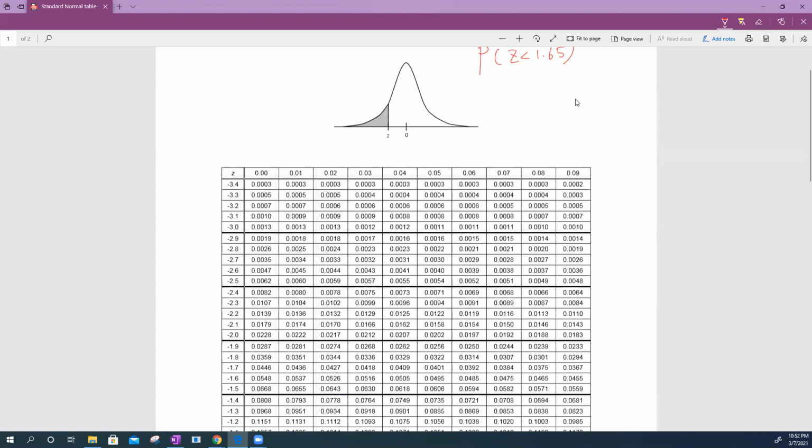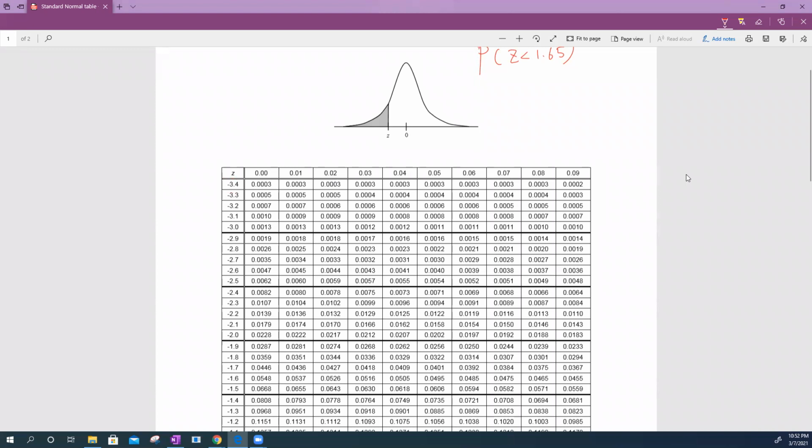So then if we want to find the probability of z smaller than 1.65, we separate. Since the z-scores in the table are rounded to 2 decimals, this is the 3.4, and then we have the second decimal place: negative 3.40, negative 3.41, negative 3.42.